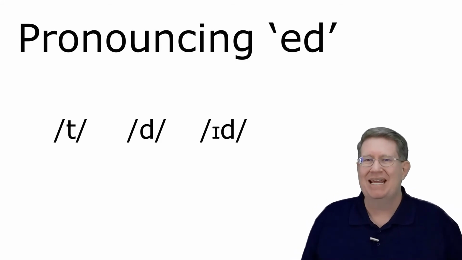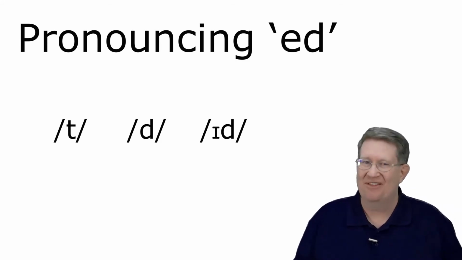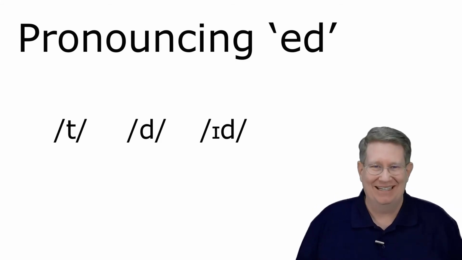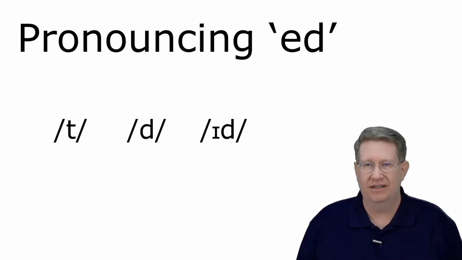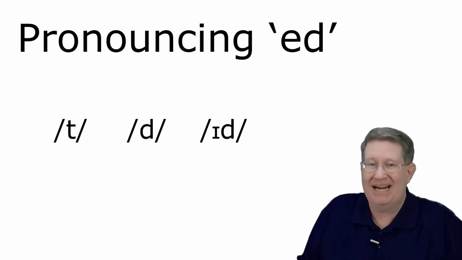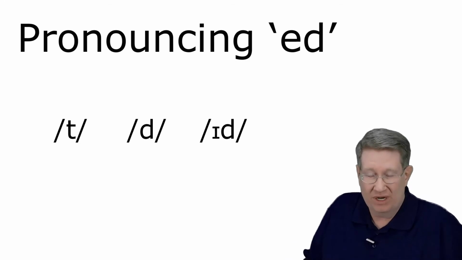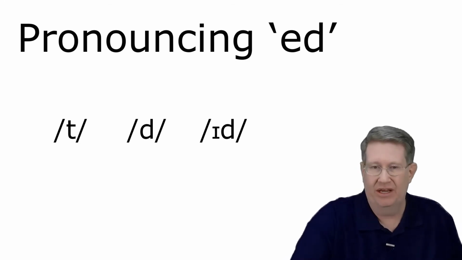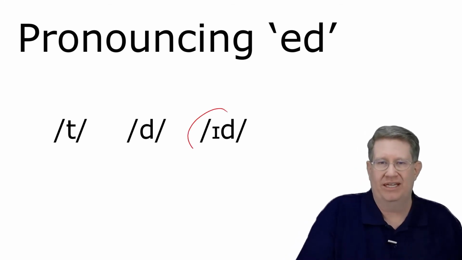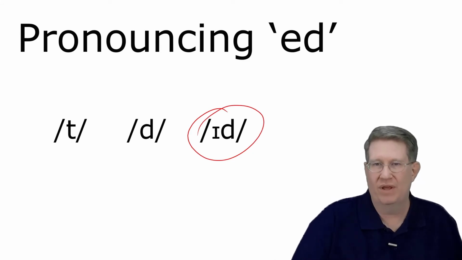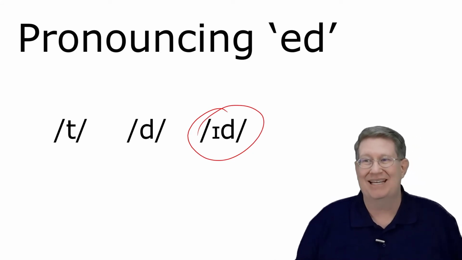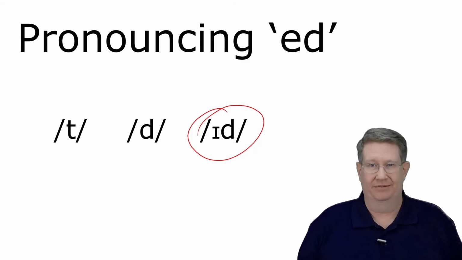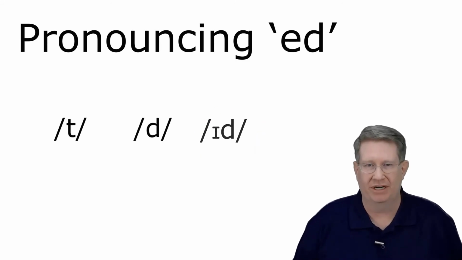So the ED can actually make three different sounds. T, D, and ud, which is the sound that we expect it to make. This is almost always the sound that Spanish speakers make when they see ED. The thing is, it's often not right. Okay, we'll see that in just a minute.